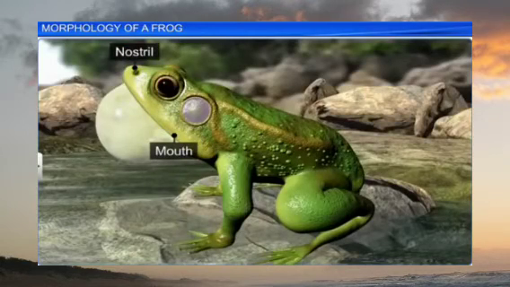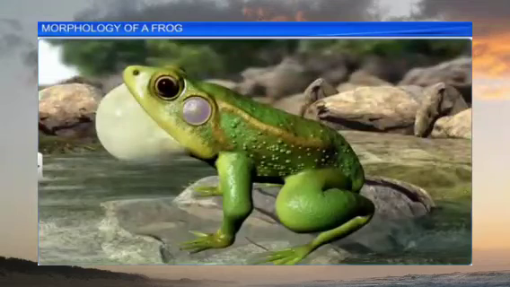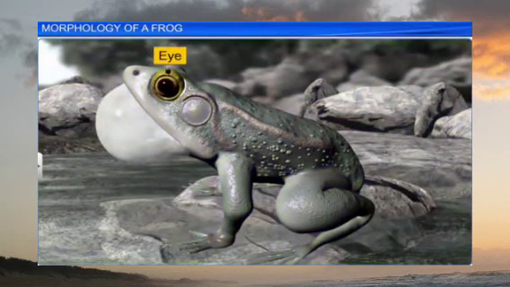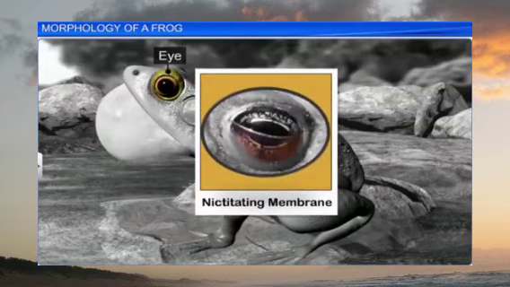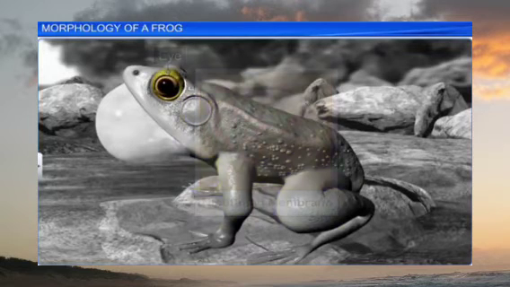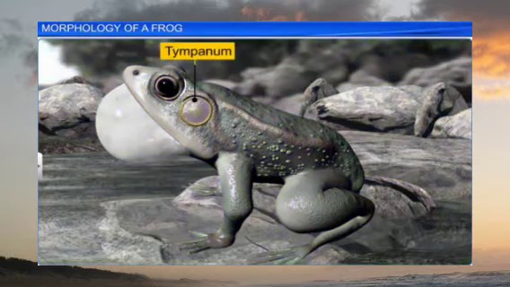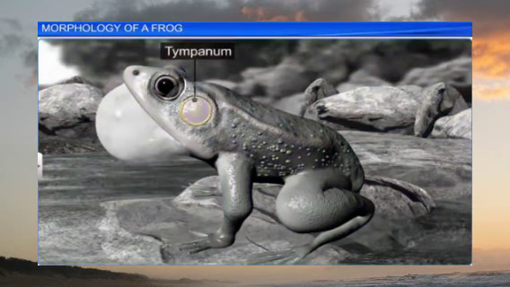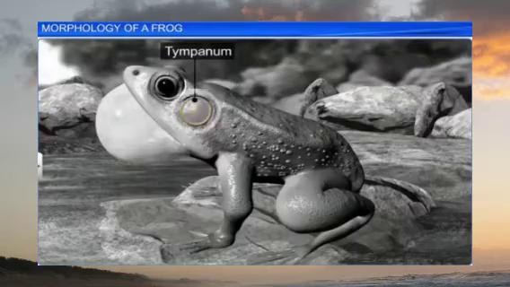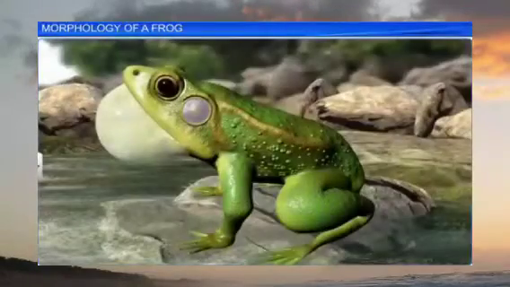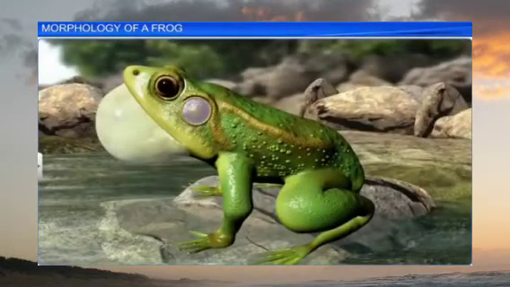A little behind the nostrils is a pair of large bulging eyes covered by a transparent, nictitating membrane which protects the eyes while in water. Behind the eyes is a pair of membranous tympanum which receives sound signals. The head is attached to the trunk, which is a broad structure that usually shows a hump in the sitting posture.